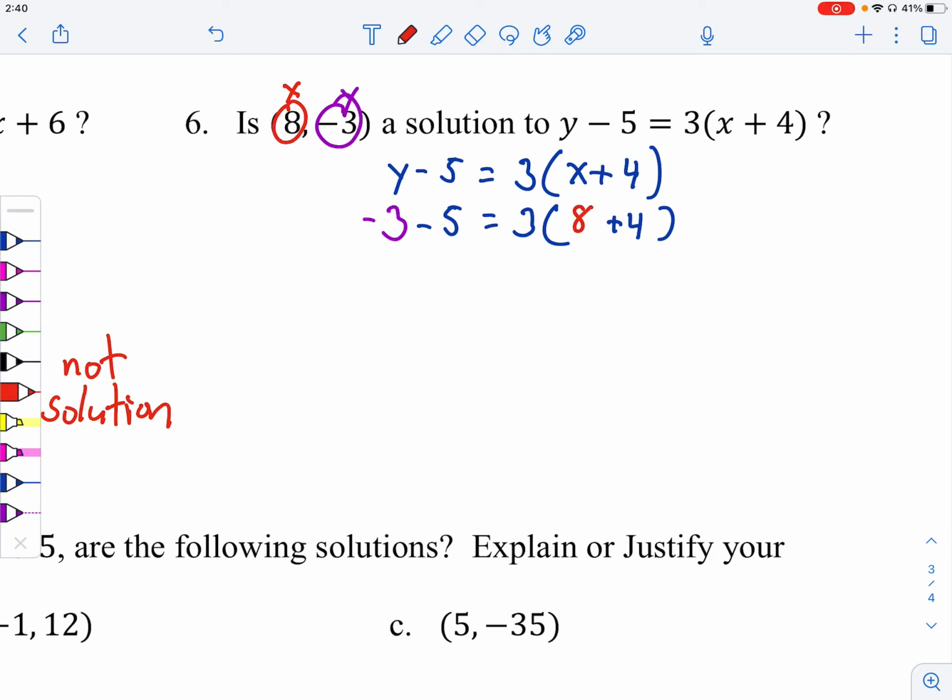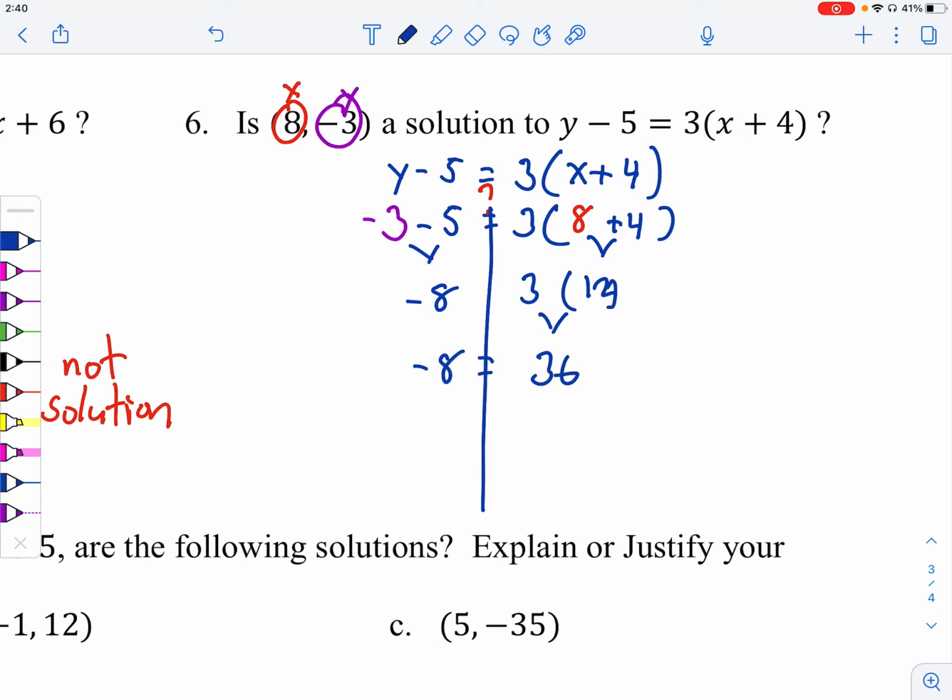We put in 8. And we're going to see, is the left equal to the right? On the left side, we have negative 8. On the right side, we have 3 times, 8 plus 4 in the parentheses is 12, which is 36. And negative 8 is not 36. It's way off. So no, not a solution.